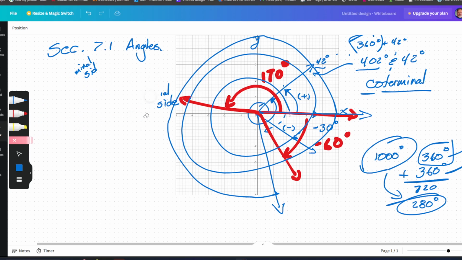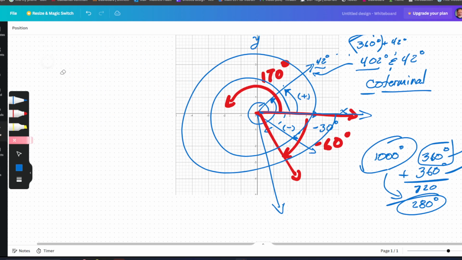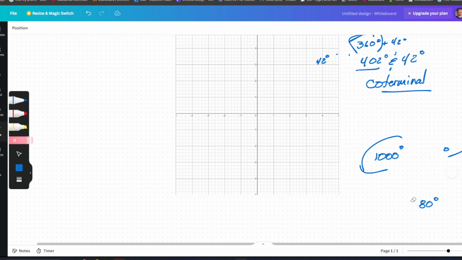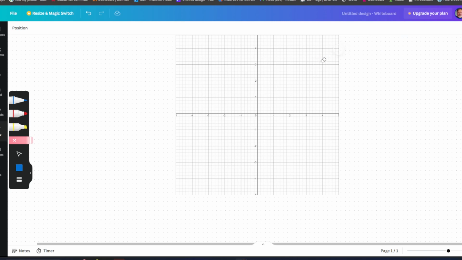Now, I did mention that we will be talking about other ways of measuring angles. And the reason we want that isn't because degrees are bad. We use degrees a lot, and a lot of people use degrees for a lot of applications.